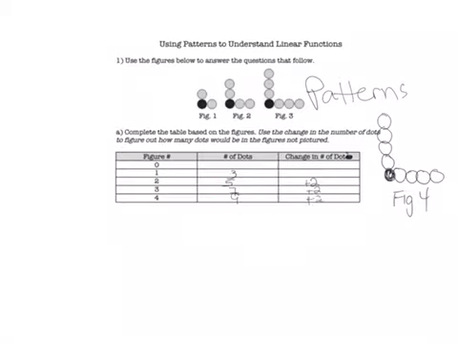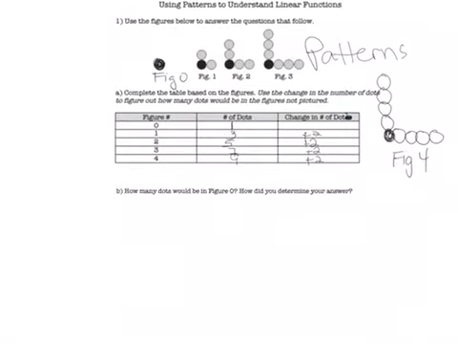And this is important coming up later when we try to figure out an equation or an expression to represent what we're doing here. So we actually already figured out how many dots would be in figure 0. We figured out that there would be 1 dot. And how did you determine your answer?